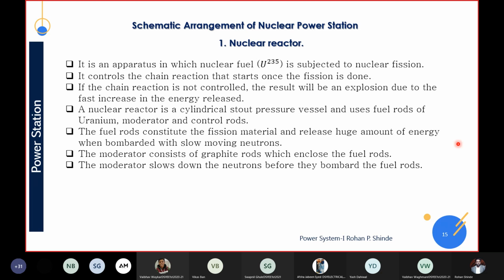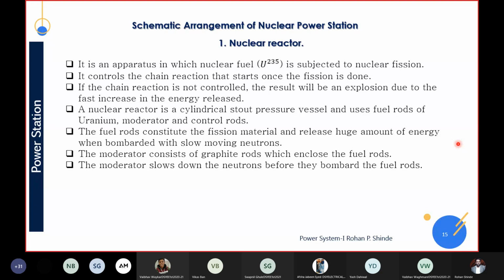That means this nuclear reactor uses fuel rods made up of uranium, moderator, and control rods.